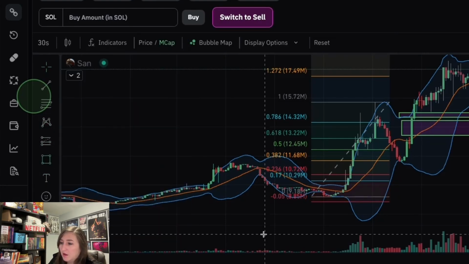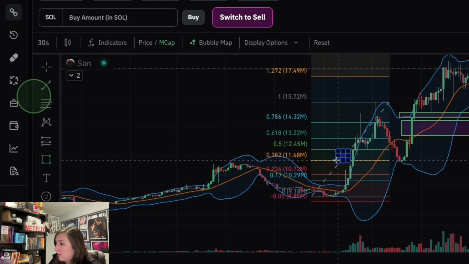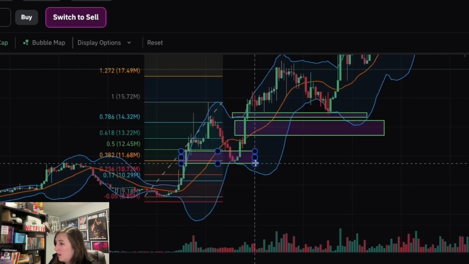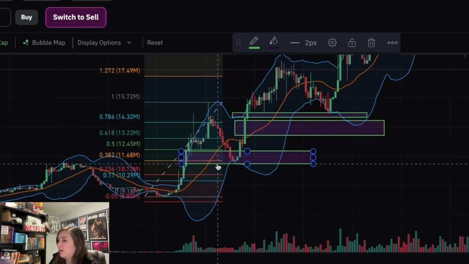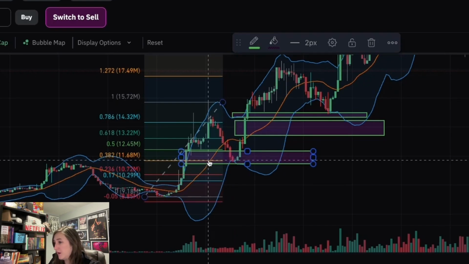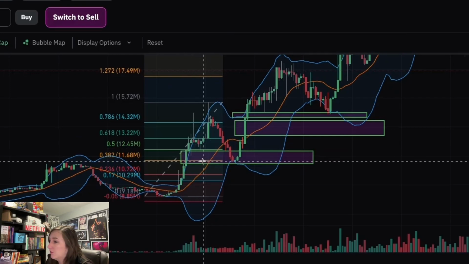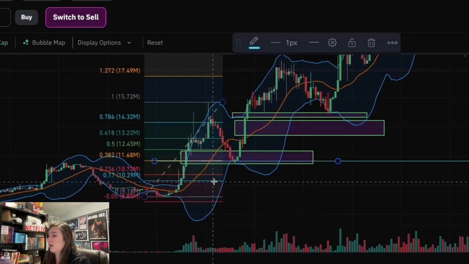Let me pull up a rectangle here, but you'll see here's another fair value gap. Here's between this candle and that wick down there, right? It came right in between that fair value gap, and there'll be a halfway point, usually like right there. But you could have set your entry up, set a limit order on NovaBot or something, right at the 0.382, because that's a good lineup with the fair value gap for an entry.